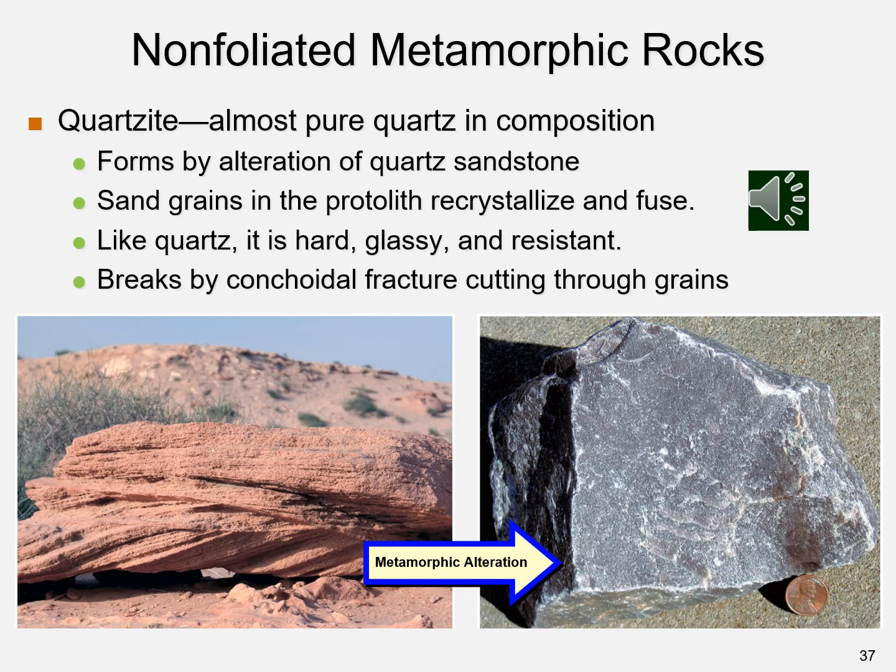In contrast, fractures in sandstone curve around grains. Quartzite looks glassier than sandstone and does not have the grainy sandpaper-like surface characteristic of sandstone. Depending on the impurities it contains, quartzite can vary in color from white to gray, purple, or green. Most quartzite has no foliation because it does not contain aligned mica or compositional layering.